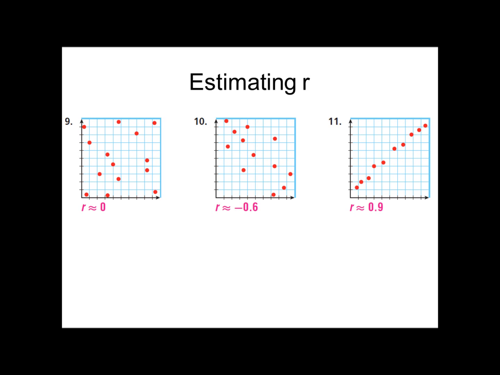It definitely has a positive slope, so we would guess an R value very close to 1. Now, I really don't see any point in you guys trying to guess an R value that's more than 1 decimal place. Don't guess something silly like 0.923. Just guess a single decimal place.